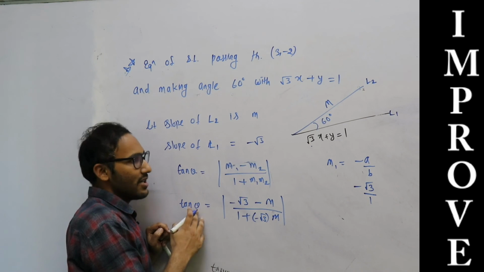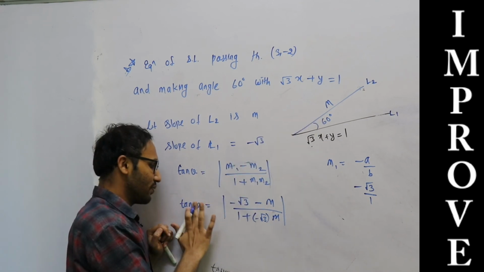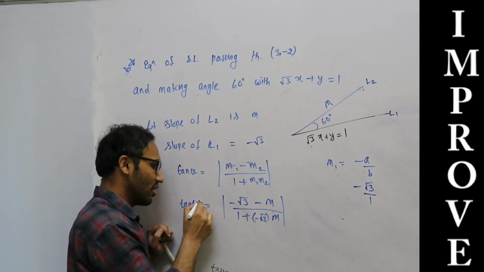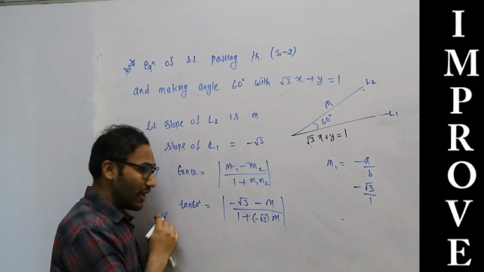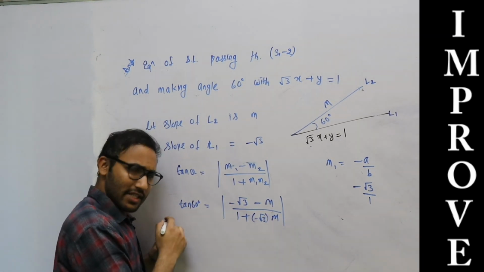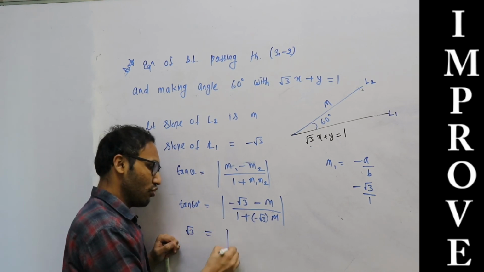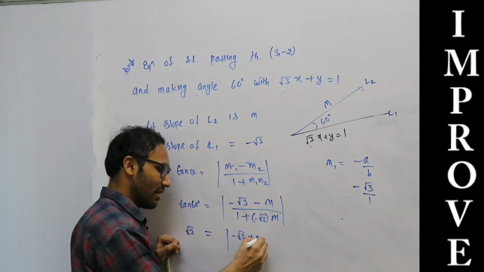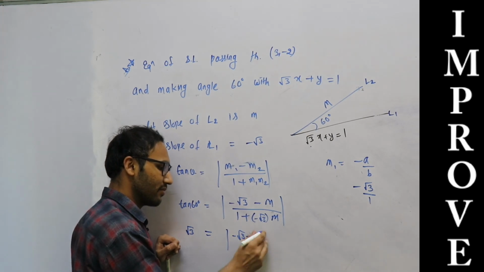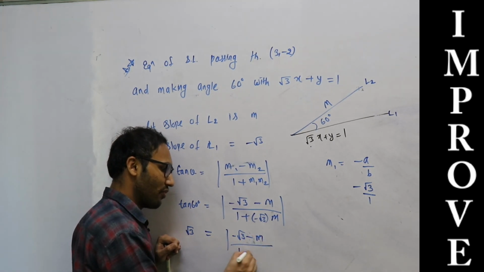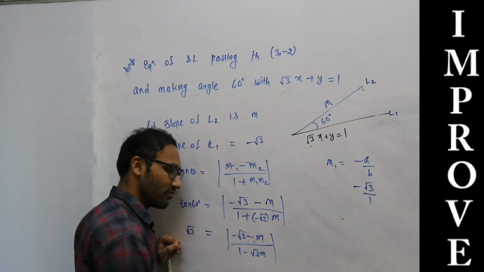And this theta is given as 60 degree. Now, do you know the value of tan 60 degree? Tan 60 degree is root 3, equal to (minus root 3 minus m) upon (1 minus root 3 m).